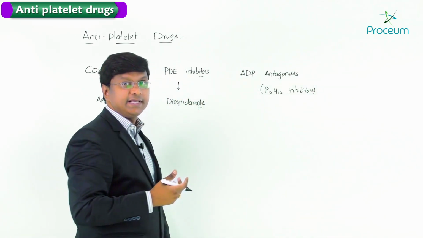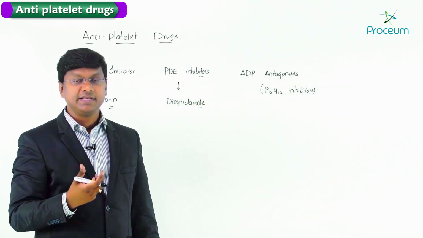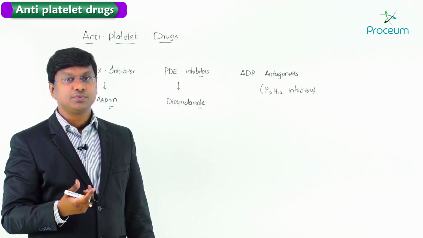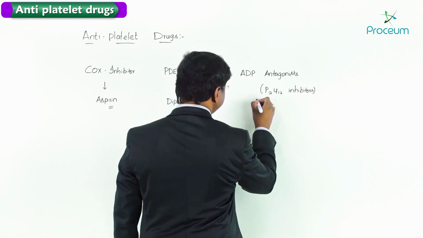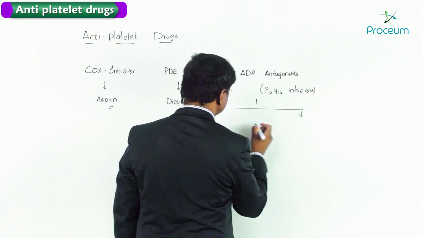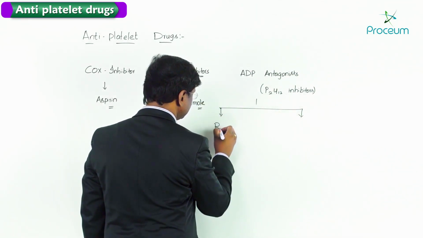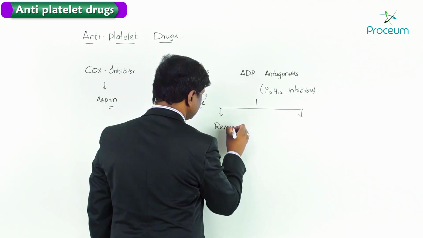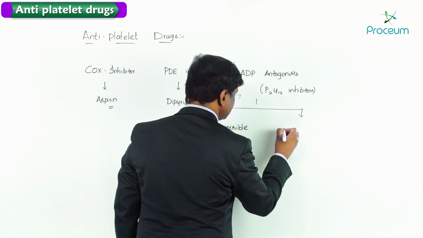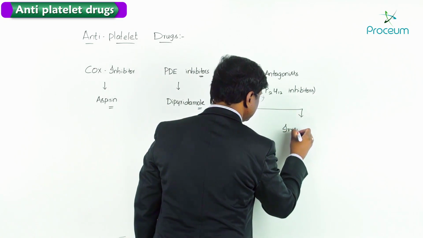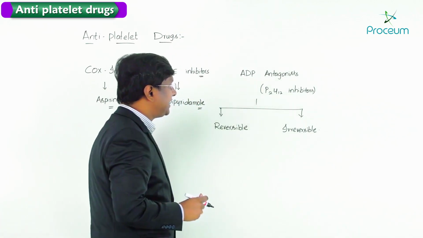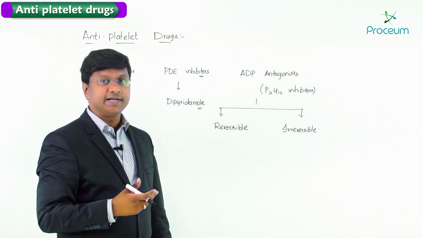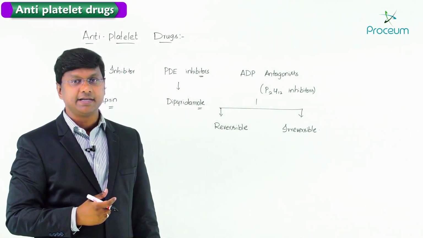So what are the examples of these P2Y12 inhibitors or ADP antagonists? We have reversible as well as irreversible ADP antagonists.